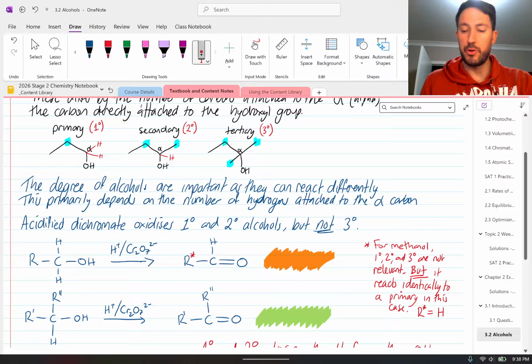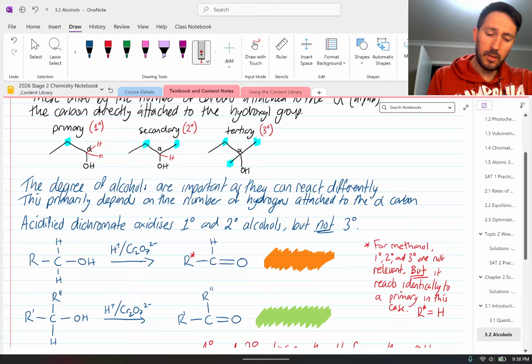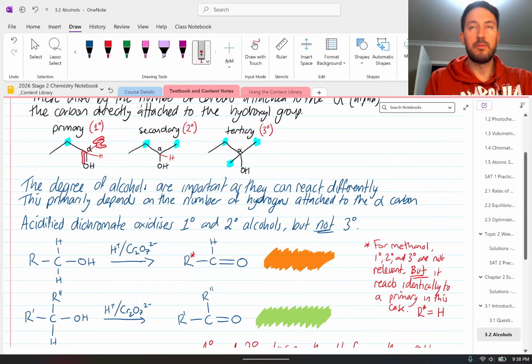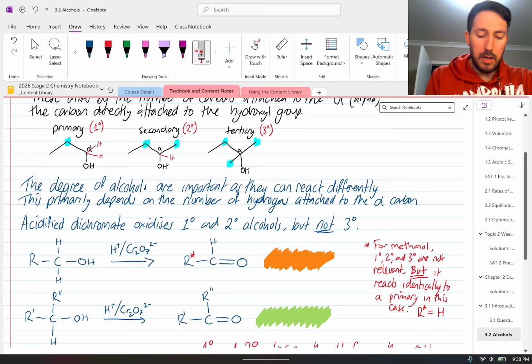When you do a reaction with these, you will often be messing with the bonds to the alpha carbon. You'll often need to remove something to replace it with something else. An example which we'll talk about before is we actually remove one of these hydrogens to make a double bond with the oxygen.